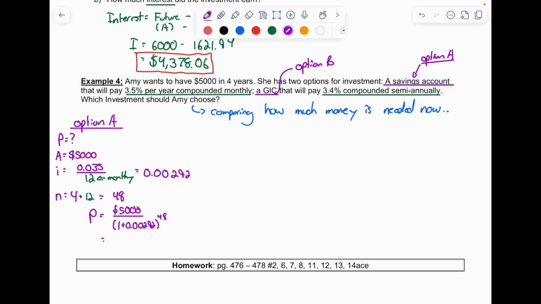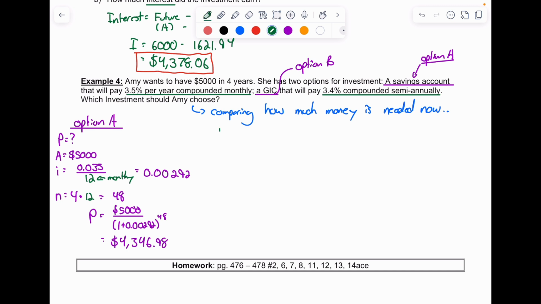Okay, so put this on your calculator: 1 plus 0.00292 to the power of 48, and then take 5,000, divide by that answer, and we get the present value required. You would have to have $4,346.98 in order for that to be possible.